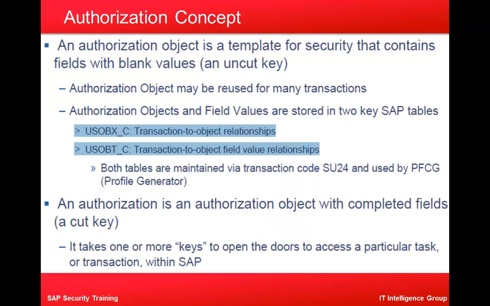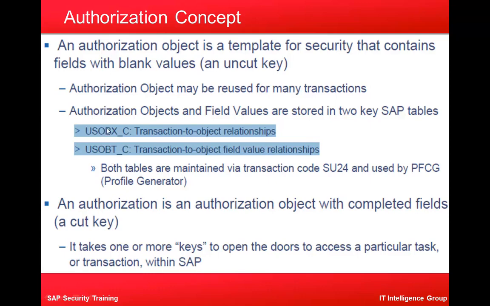Let's get into the details of where these tables are stored, where the authorization is stored. An authorization object is basically a template for security that contains fields with blank values. So long as we use the term authorization object, it means there is no value in that object. Basically, we have not defined a value for that object. Those fields are incomplete.